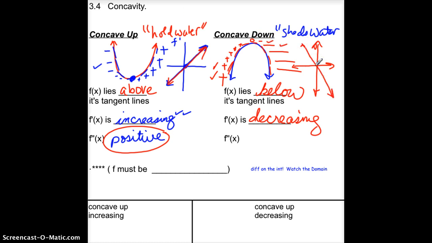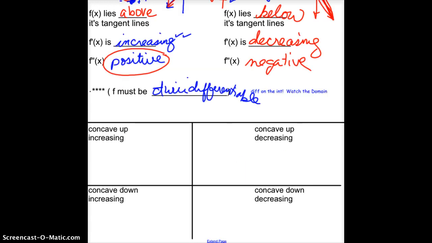So it is decreasing, hence the second derivative, the slope of the derivative graph, is downhill, or negative. It's slightly important, but not super important, to note that f must actually be twice differentiable. You must be able to take the second derivative in order to determine concavity.